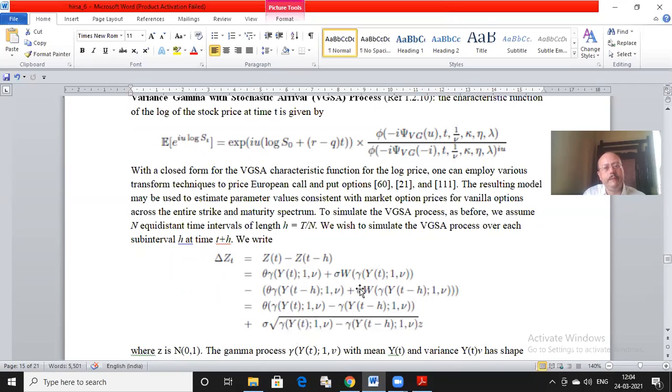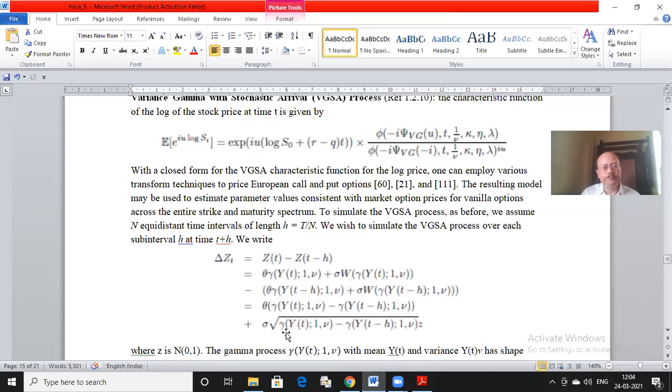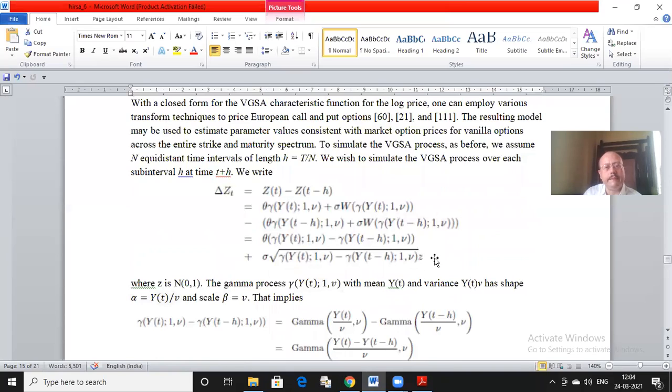So this is my sigma squared, so I will write sigma times the square root of gamma_t minus gamma_{t-h}, times z. I will need the first part, the theta terms together, and the W terms together in this order, and replace the Wiener process by a standard normal random variable z. Okay? Does it make sense?